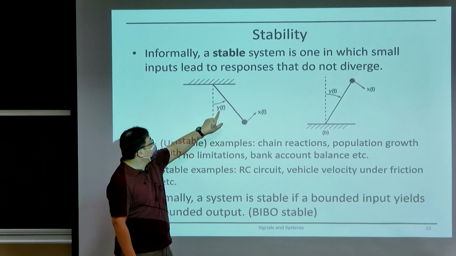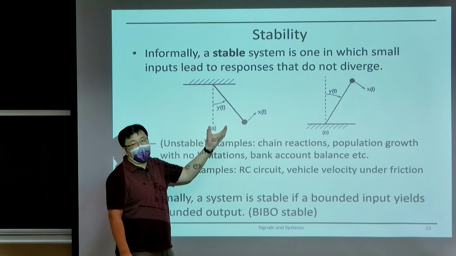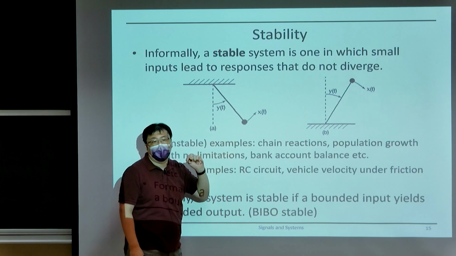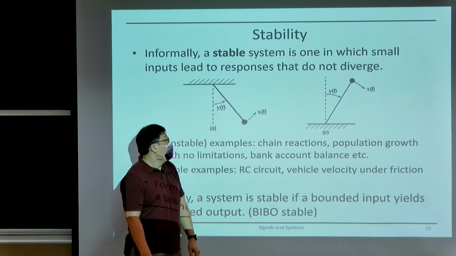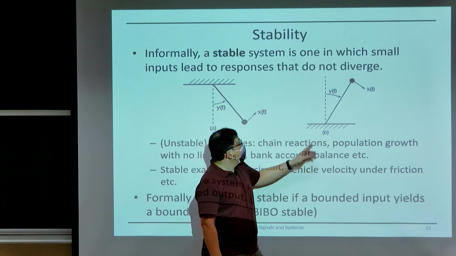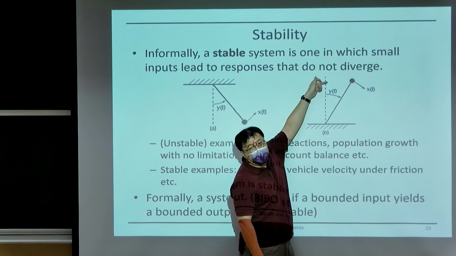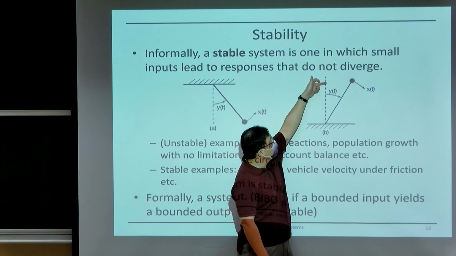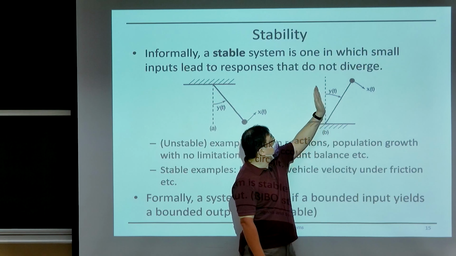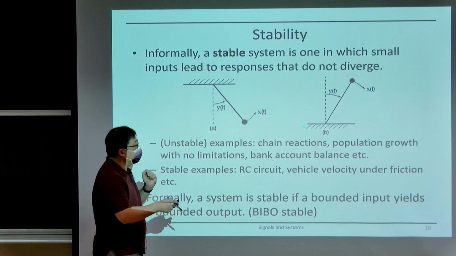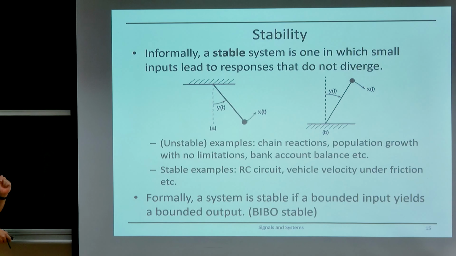So you would only have a small or at least controlled output in response to a small input. But if you have an upside down pendulum like this, if you impose a very small perturbation, a very small input to the pendulum, this pendulum will drop down drastically. So this system is unstable, but this system is stable.